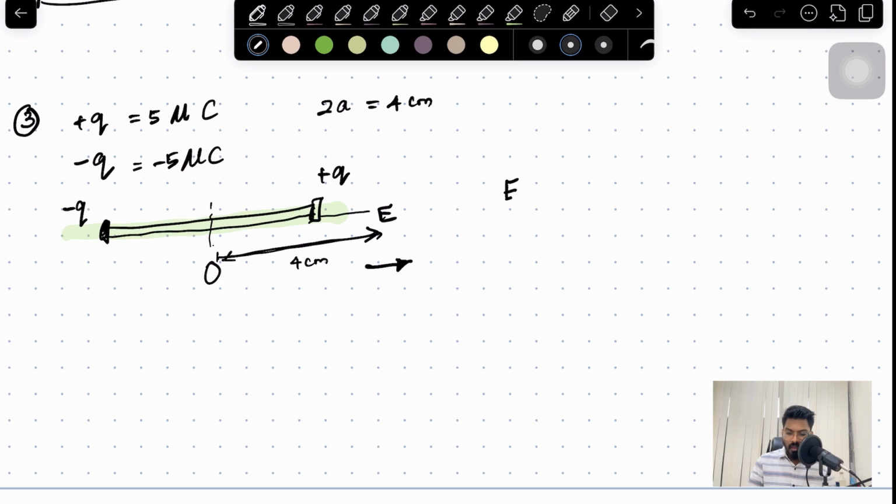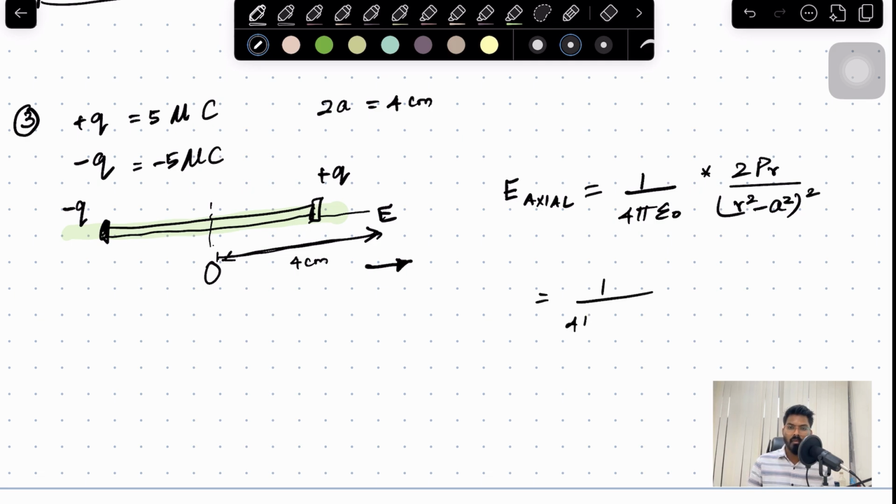Now axial, there is a direct formula, 1 by 4 pi epsilon naught into 2 pr by r square minus a square whole square. Instead of 1 by 4 pi epsilon naught, I could convert it into K, Coulomb's constant, which is equal to 9 into 10 to the power 9. So we go for 9 into 10 to the power 9.